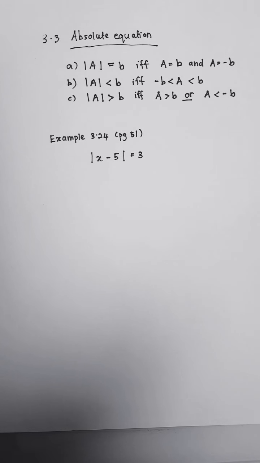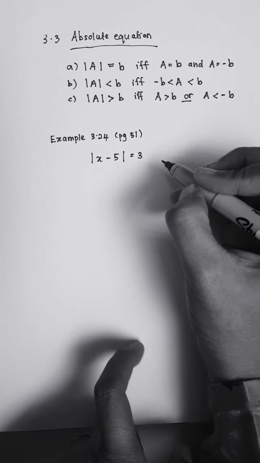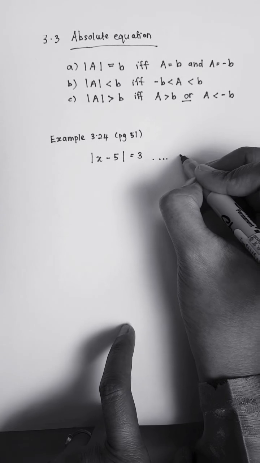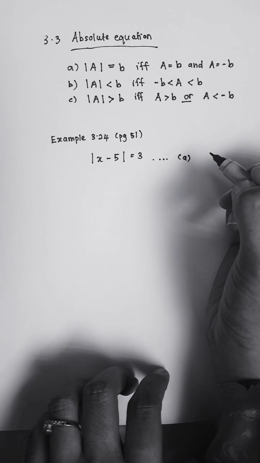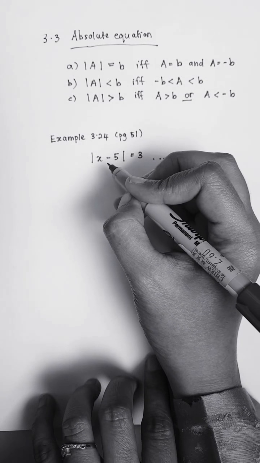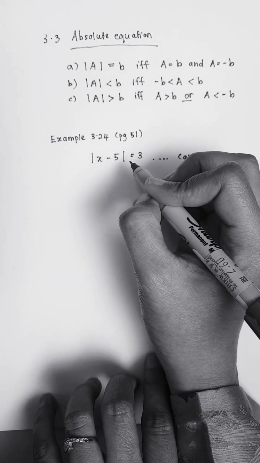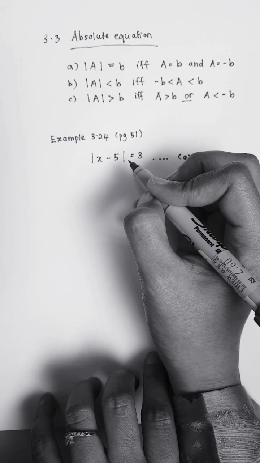Okay student, can you see example 3.24 in page 51 in your module? We have an absolute equation, absolute value of x minus 5 equal to 3. So we know that this is from property A. So how to solve it?